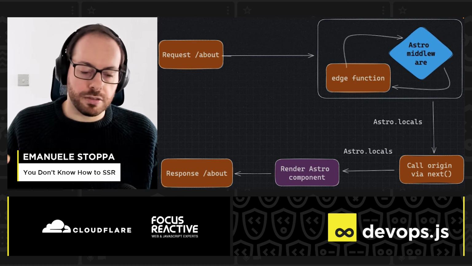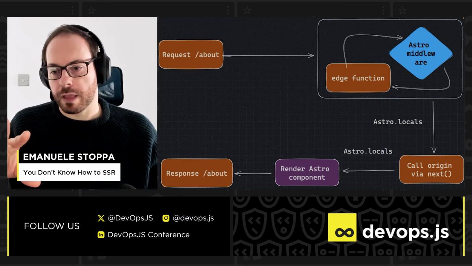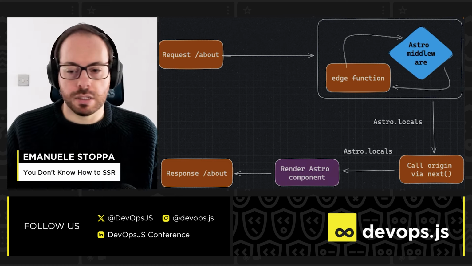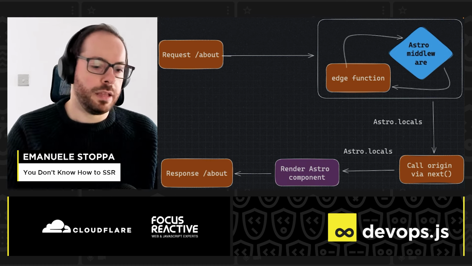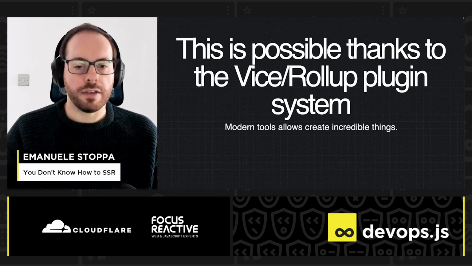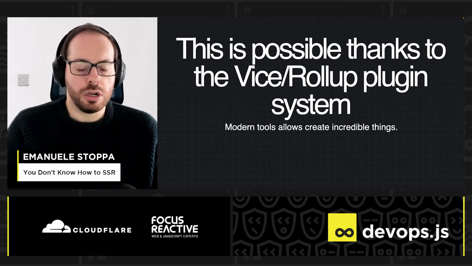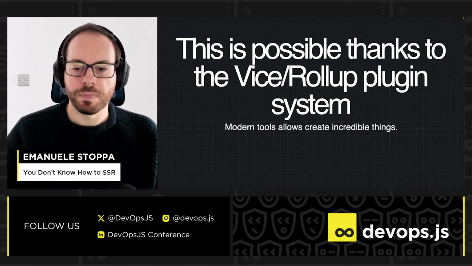In this case, they are serialized and passed via headers to the Astro component, and then eventually they can be used. And everything is done using Rollup and Vite. There's a typo, apologies for that.